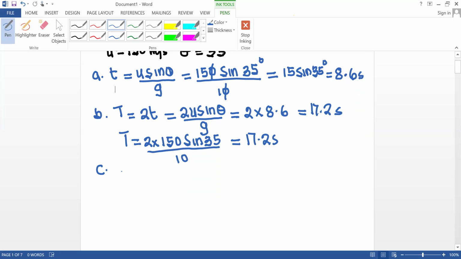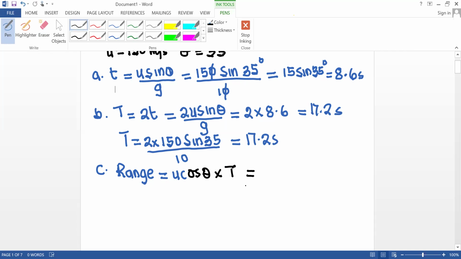The range of a projectile is the total horizontal distance traveled. And this is given by the product of the constant horizontal velocity times the time of flight.